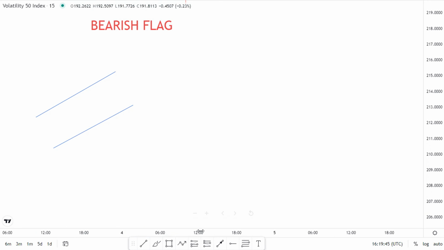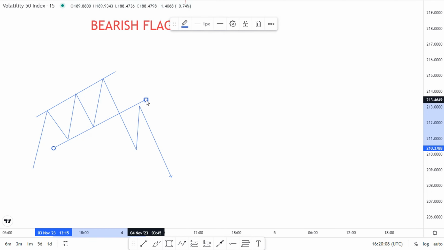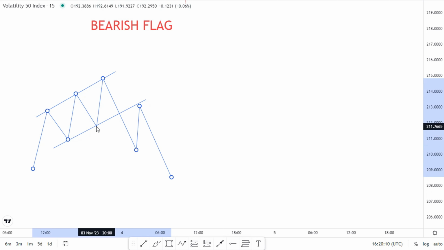So we have this market tapping all over these areas here. Then we expect to see something like this, then boom, then something like this. This is the first case of the market structure.